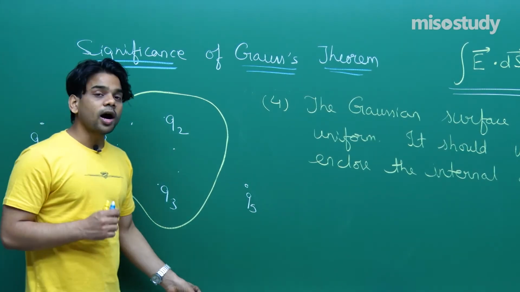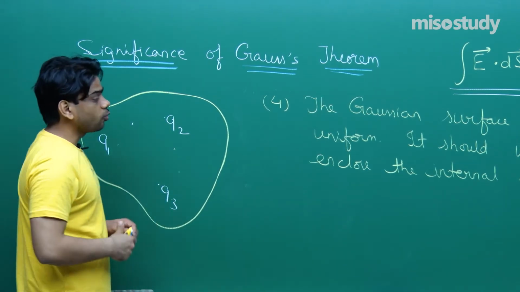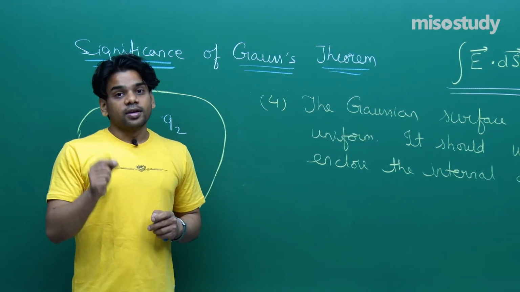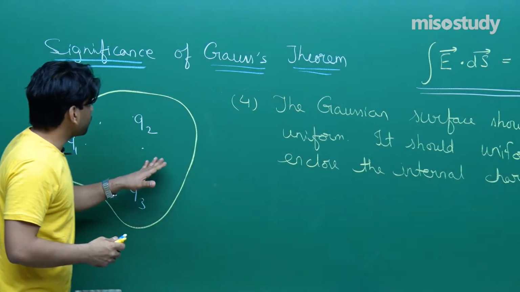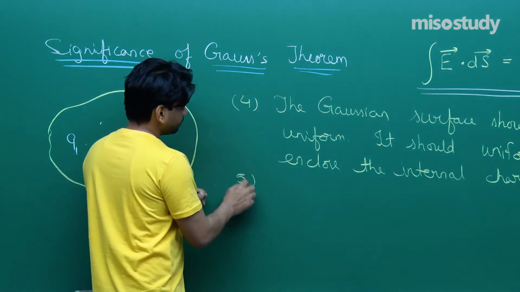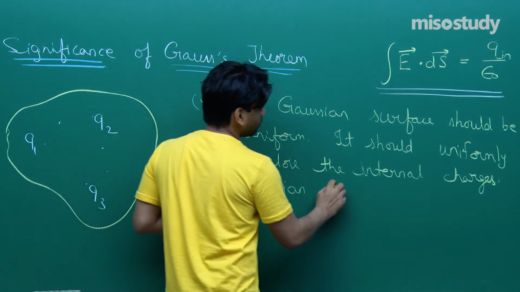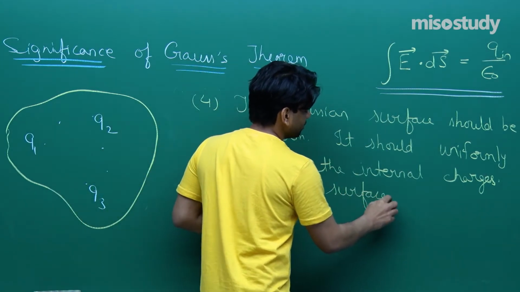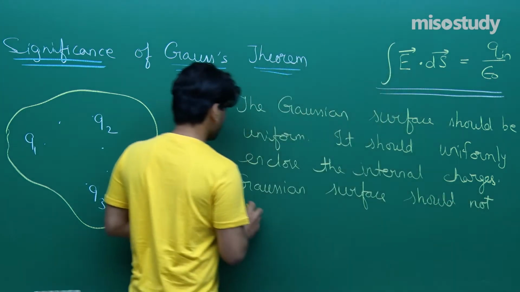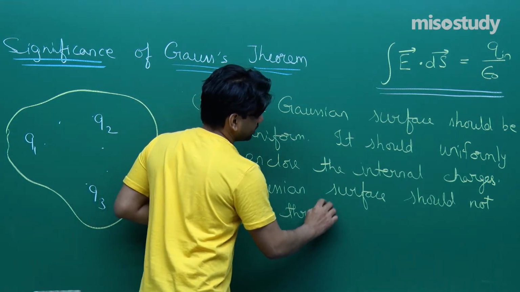So if I talk about how to form the Gaussian surface, what precaution you should take and what you should avoid: for a discrete charge system, never pass a Gaussian surface through the charge particle. This caution you have to take. Gaussian surface should not pass through discrete charges.